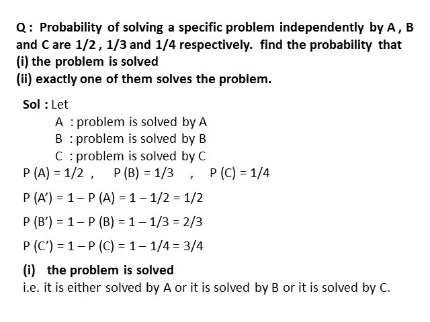Now in first part of question we have to find probability of the event that problem is solved. It means it is either solved by A or it is solved by B or it is solved by C. So probability of problem solved equals probability of A union B union C. As A, B and C are independent, so P(A union B union C) equals 1 minus P(A complement) multiply P(B complement) multiply P(C complement).